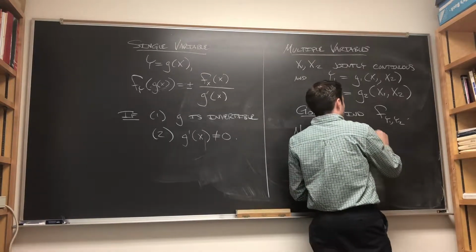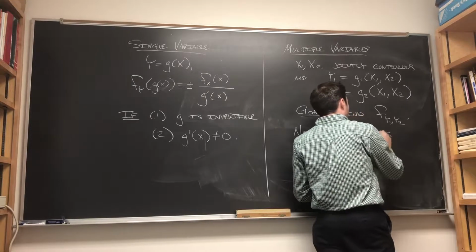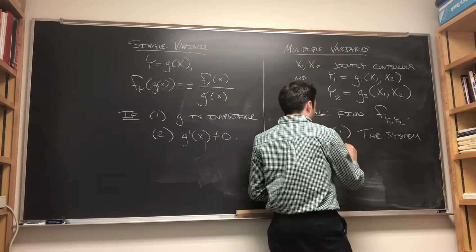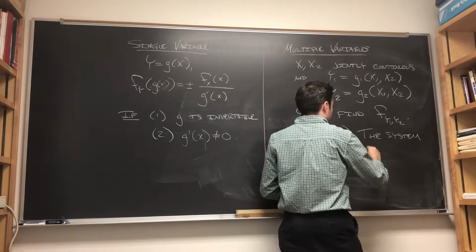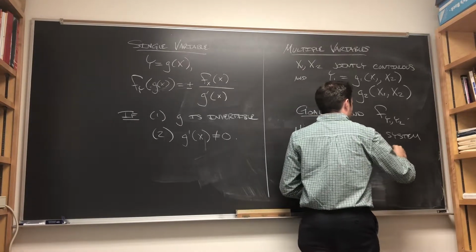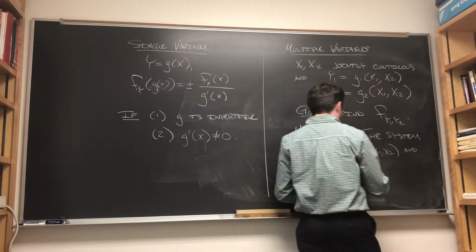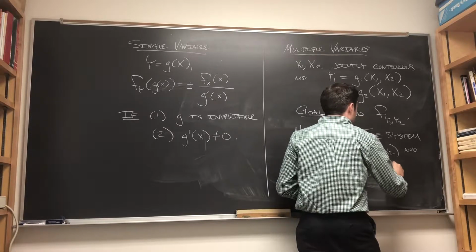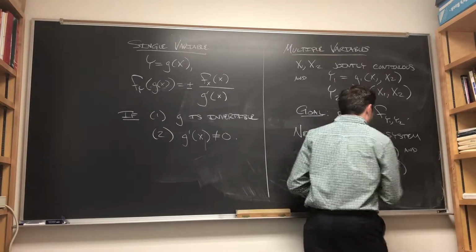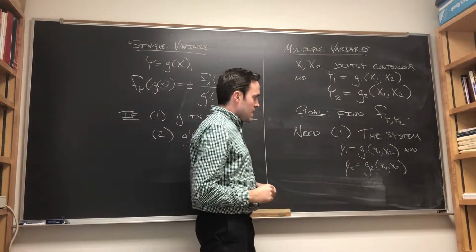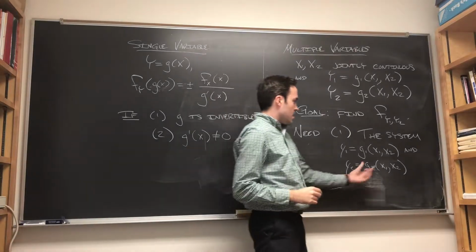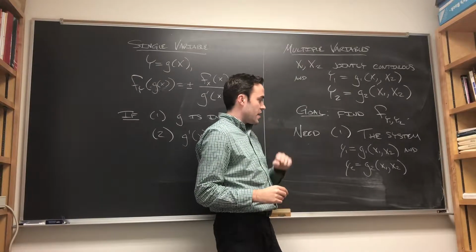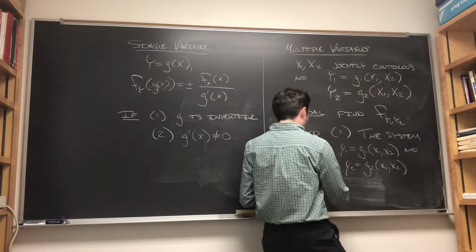We need the system y1 equals g1 of x1, x2, and y2 equals g2 of x1, x2 to have a unique solution, a unique pair x1 and x2, that solves this system for every pair y1, y2.